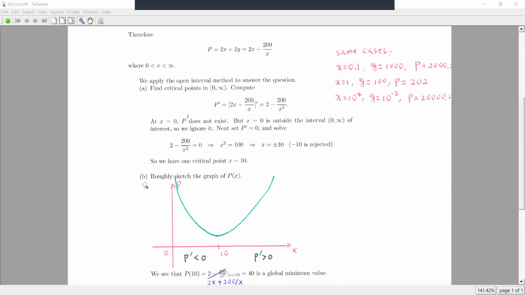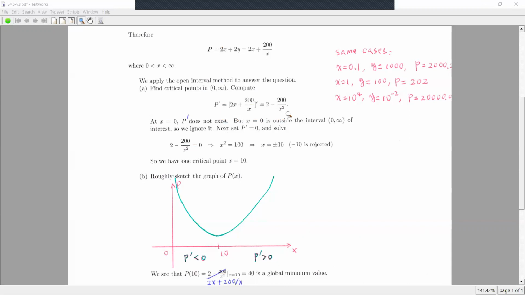Second step of the open interval method. Roughly sketch the graph of the function. Between 0 and the critical point 10, arbitrarily pick a point, and then evaluate the derivative at the point.